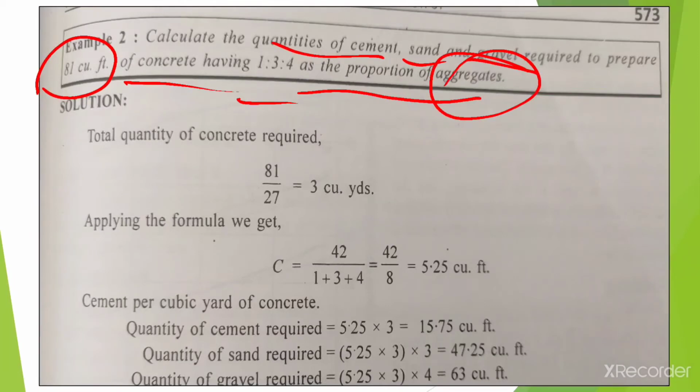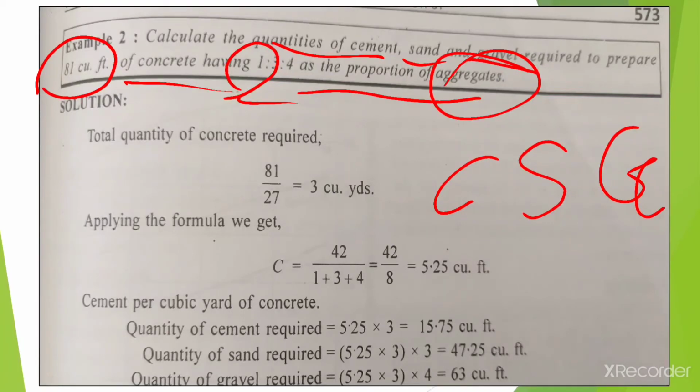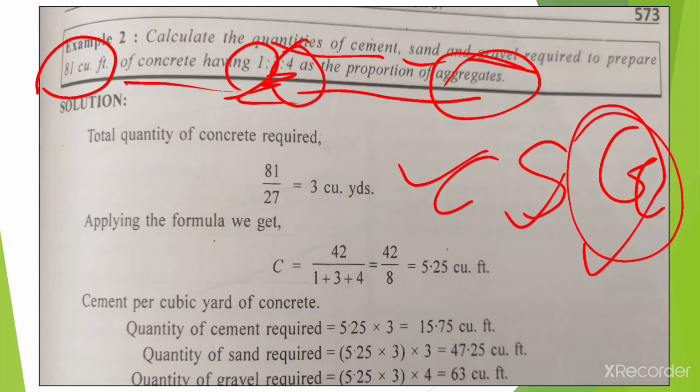So this proportion is for cement, sand and gravel. Here 1 stands for the proportion for the cement, 3 stands for the proportion for the sand, and 4 shows the proportion quantity of aggregate, that is gravel.